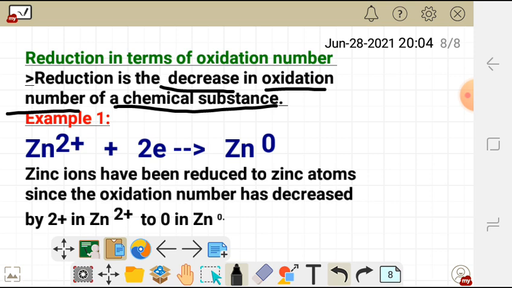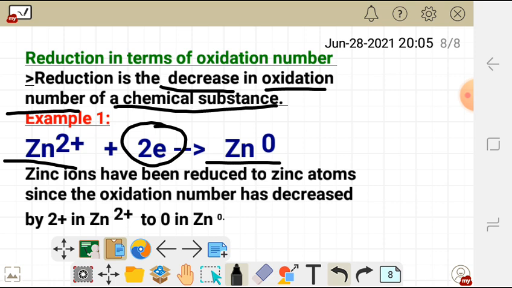For example, we have zinc ions reacting with 2 electrons to form zinc atoms.